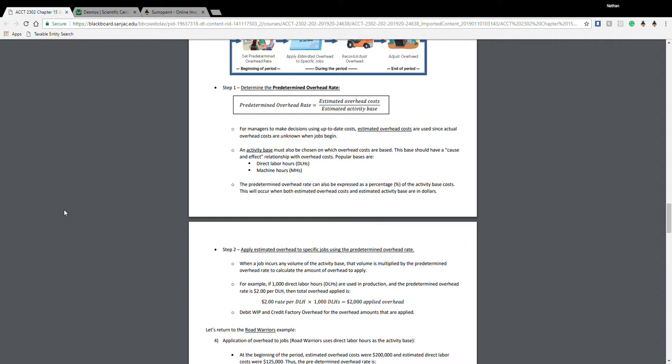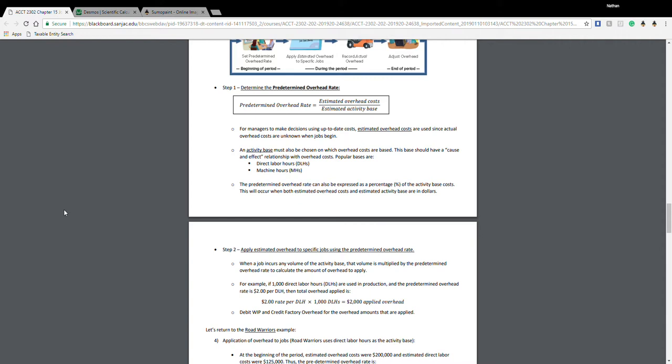In our example right here, if we know that there's going to be 1,000 direct labor hours used in production, and our predetermined overhead rate for this instance is $2 per direct labor hour, then our total overhead applied is $2 times 1,000, basically direct labor hours times rate per direct labor hour, equals $2,000 applied overhead.